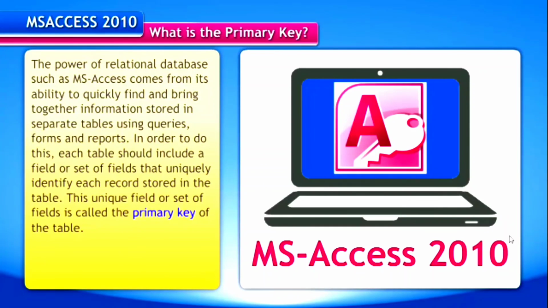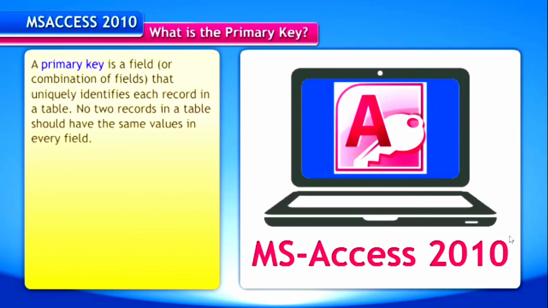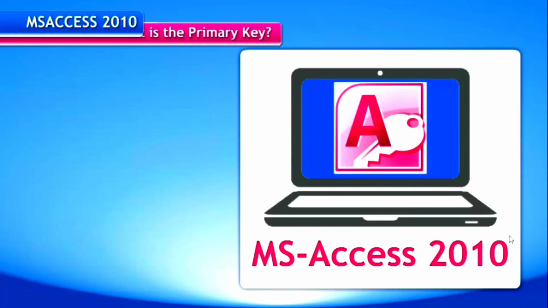This unique field or set of fields is called the primary key of the table. A primary key is a field or combination of fields that uniquely identifies each record in the table. No 2 records in a table should have the same values in every field.